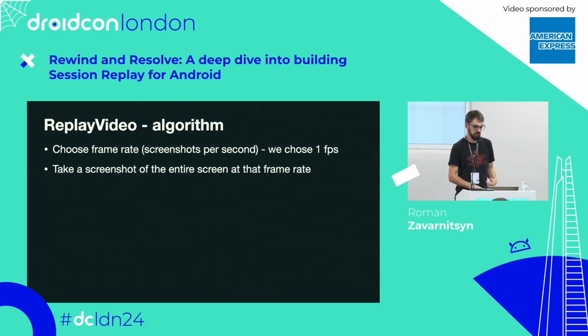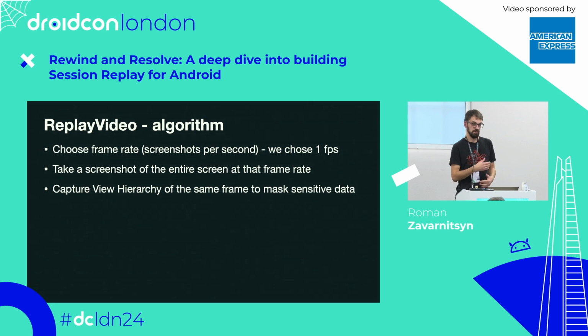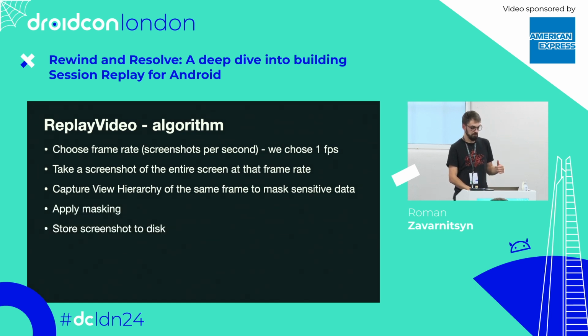Then you have to take a screenshot of the entire screen at that frame rate. After that, you have to capture the view hierarchy of the same frame, so that the screenshot and the view tree do not go out of sync, so you can mask the sensitive data properly. Then you would apply masking with all that knowledge. Then we would store screenshots to disk, so in case our app crashes or there is an ANR happening, we would not lose those frames, and you could reproduce them when you're experiencing an exception.